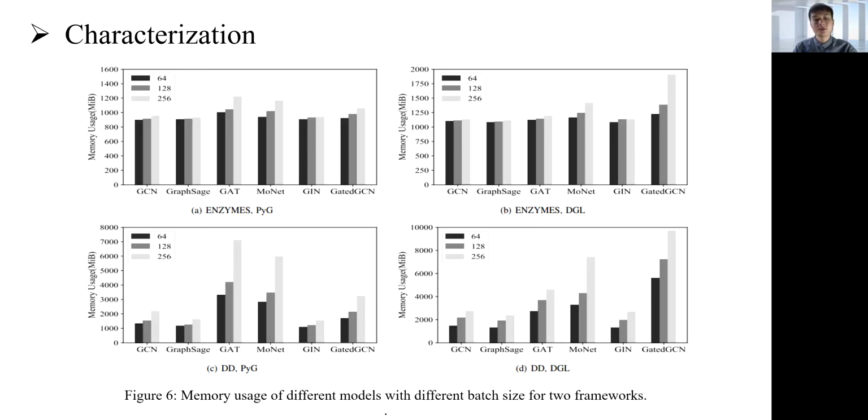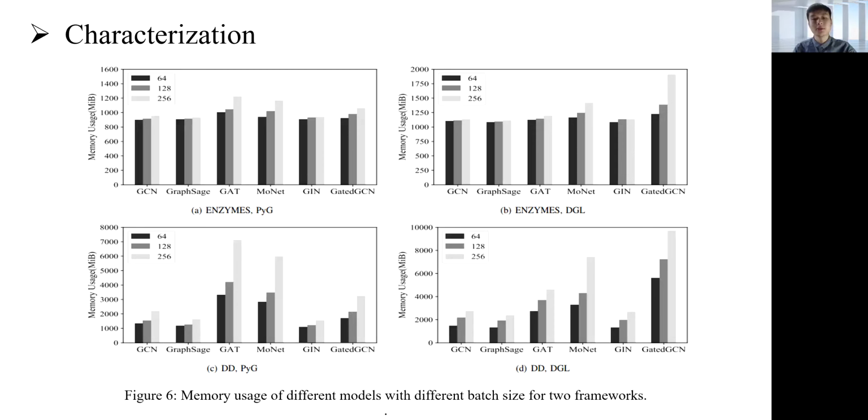Figure 6 shows the memory usage of models with different batch sizes for the 2 frameworks on datasets ENZYMES and DD. In most cases, the memory usage of models implemented in the DGL framework is more than in the PyG framework, and on big graphs, the memory usage of anisotropic models increases significantly and is significantly higher than other models.